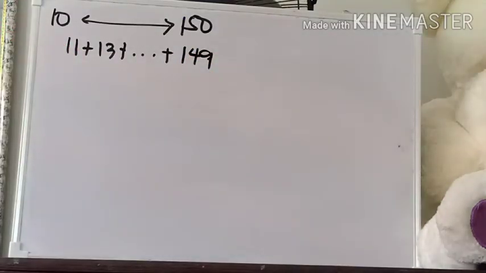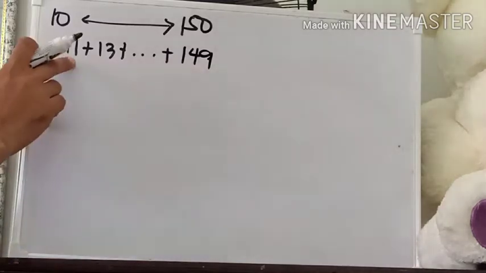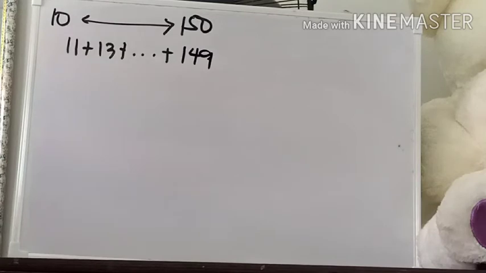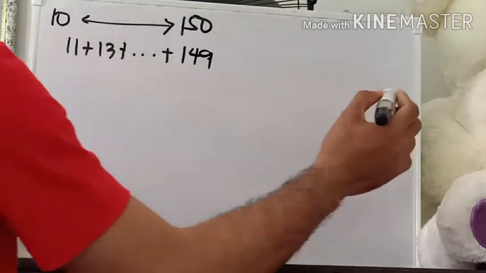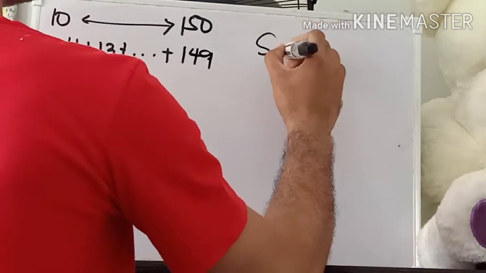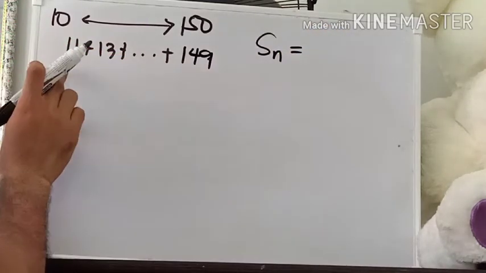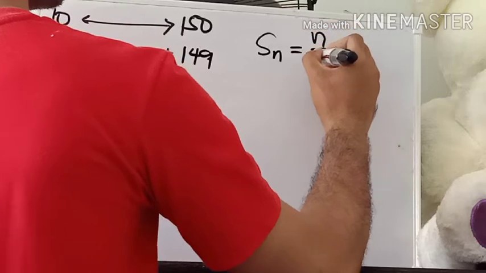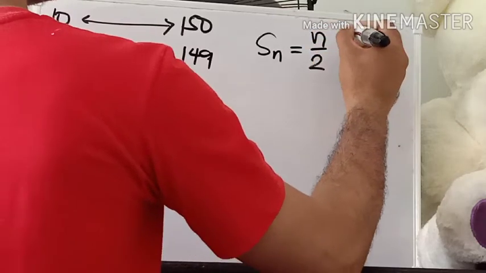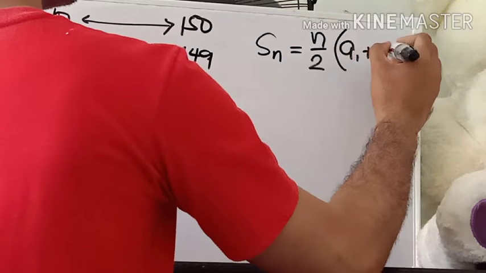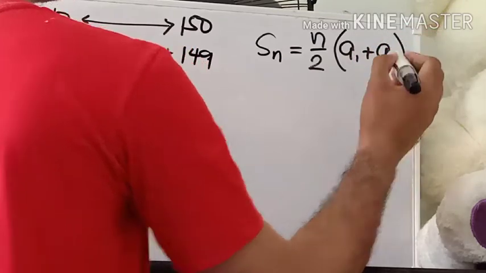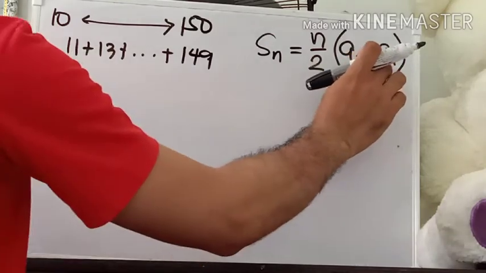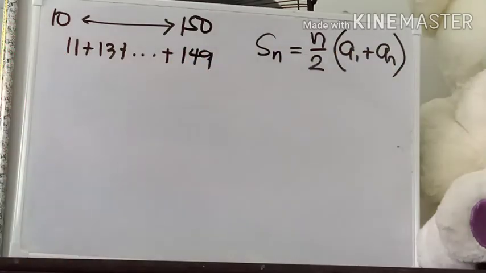So what we are going to do here is to take 11 as our first term and 149 as our last term. Then from there, maybe we can find the sum of all numbers from 11 to 149 using the formula S sub n is equal to n over 2 times the first term plus the last term, by plugging in our first term as 11 and our last term as 149.